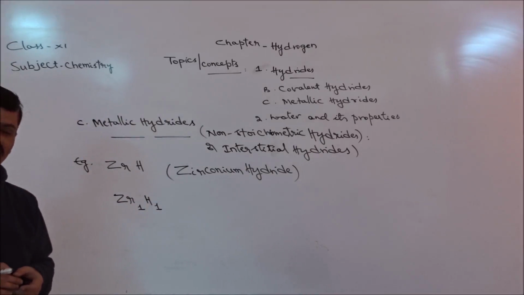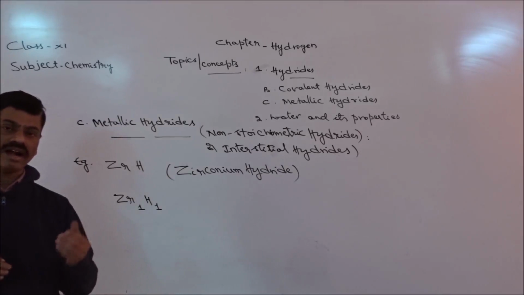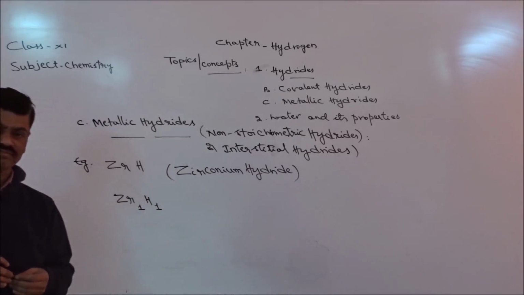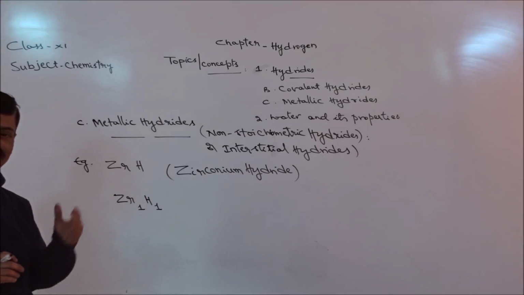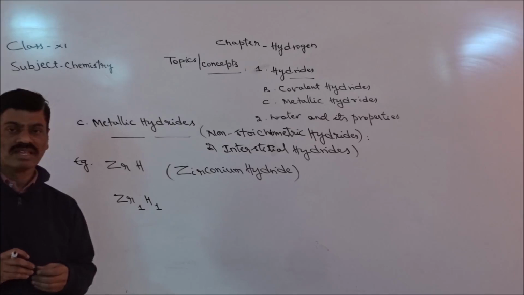So the ratio of zirconium, whose atomic number is 40, and hydrogen is 1:1. That is what the stoichiometry of this zirconium hydride speaks about.